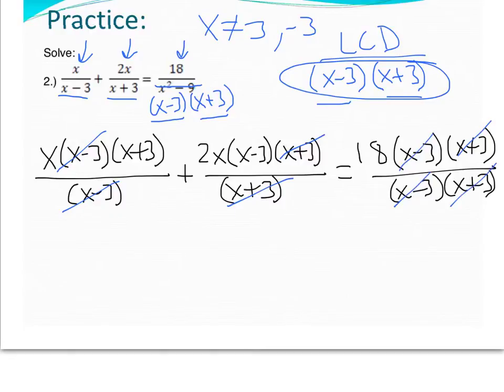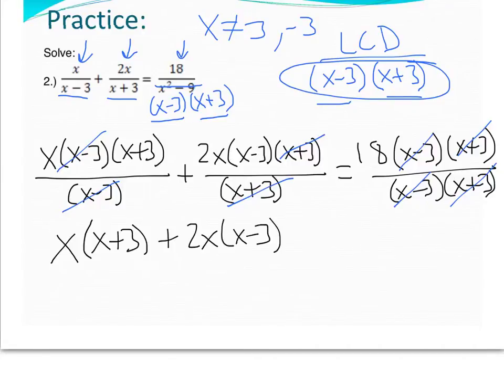So I've essentially gotten rid of all my denominators. And I know we don't like fractions, so this is a way we can not have fractions. Our next step looks like this. X times x plus 3 plus 2x times x minus 3 equals 18.